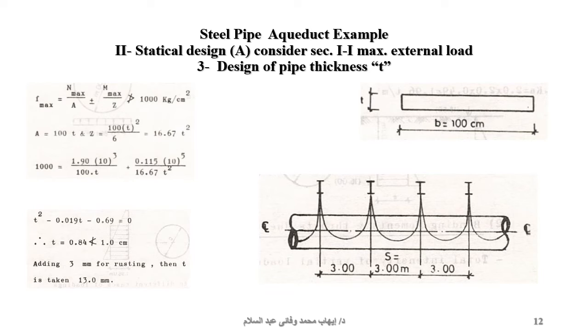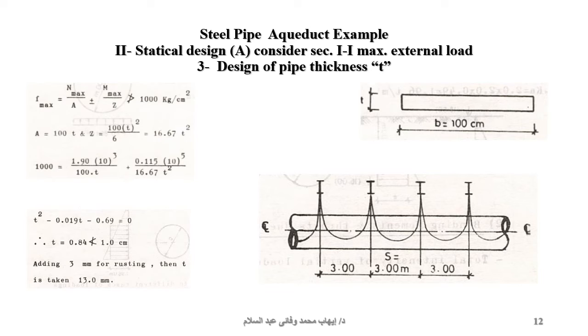We arrive to thickness about, we take it thickness 1 centimeter. T not more than 1 centimeter. Okay, take it 1. Adding 3 millimeter for scratching or rusting, then T equal 13 millimeter for rusting.